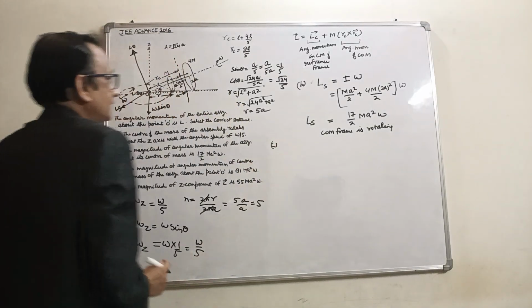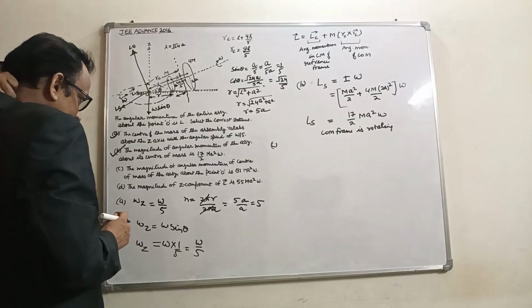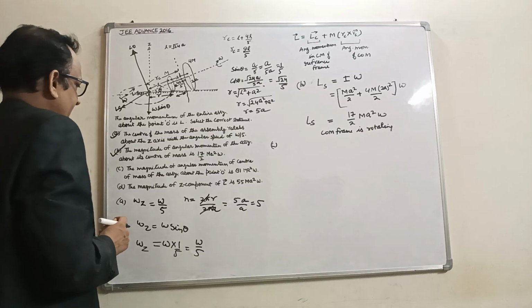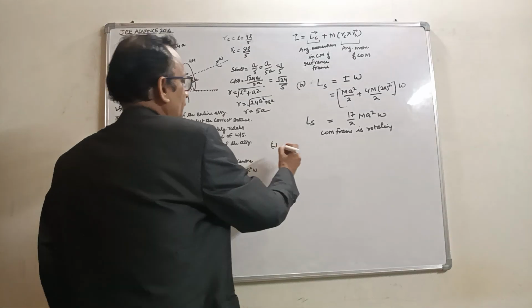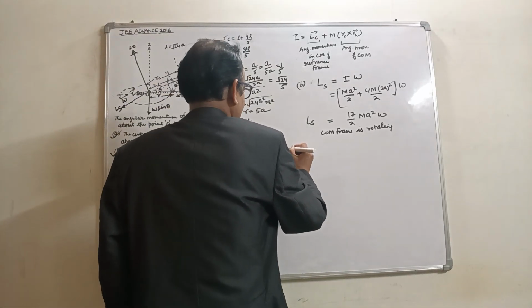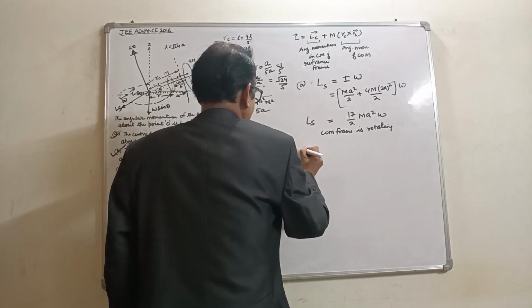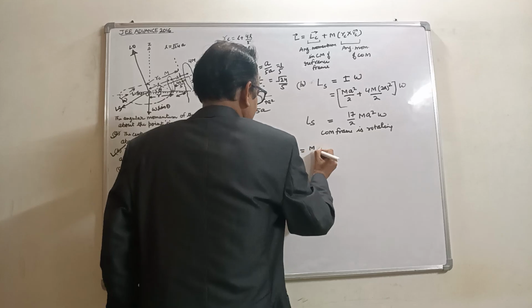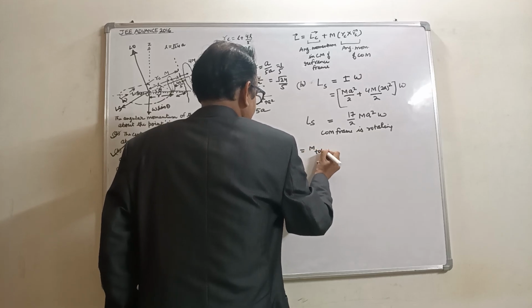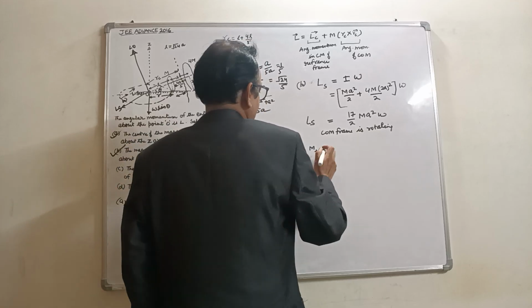And in C, the third option, the magnitude of the angular momentum of the center of mass of the assembly about the point O. So we have to find the orbital angular momentum. This is the total mass m system.